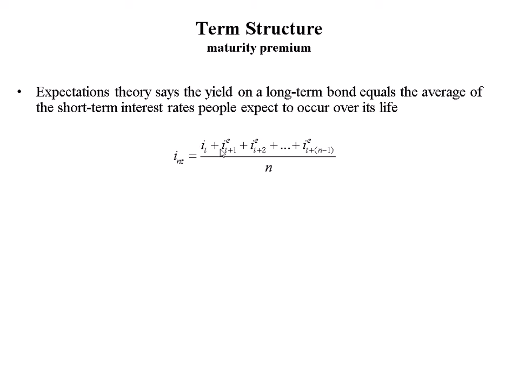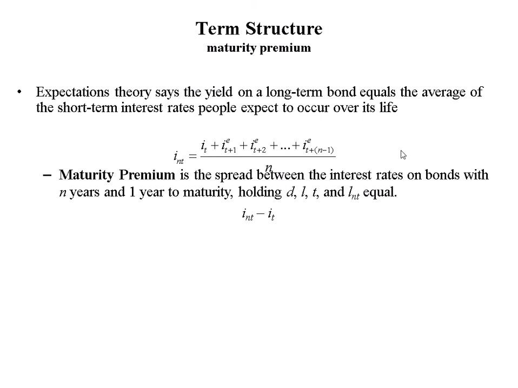So this is all of these, what we expect 1-year yields to be in 1 year, 2 years, and so on, up to N minus 1 years from now. These are what we expect these 1-year bond yields to be, and the yield on an N-year bond is just the average of those.